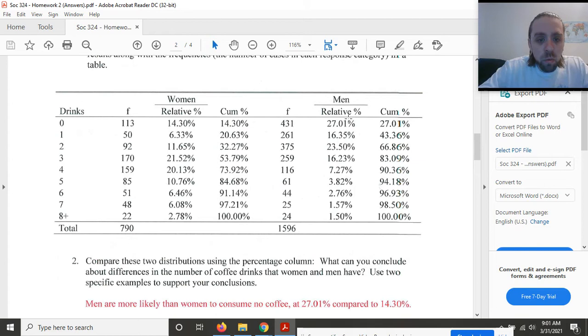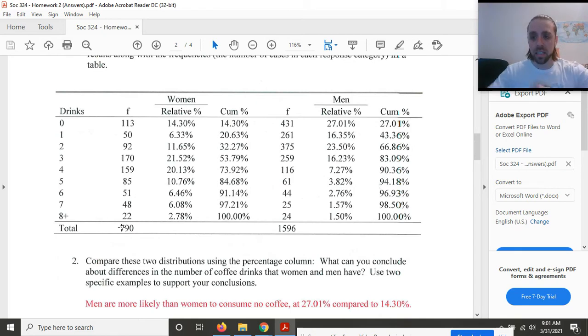To get these relative frequencies, the percentage of women and the percentage of men that falls into each category, I had to take the F and divide it by N, and make sure I was doing that in a consistent fashion for women and for men. That's the only way to make comparisons.